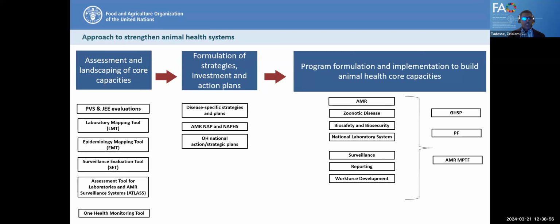Of course, in line with our mandate, we support members to improve the core capacities of various technical areas, particularly focusing on AMR, food safety, zoonotic diseases, biosafety, biosecurity, national lab systems, reporting, workforce development, and other relevant technical areas. Now, moving on to the next slide, please.